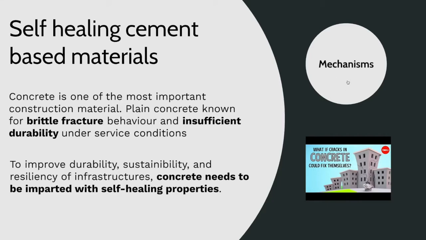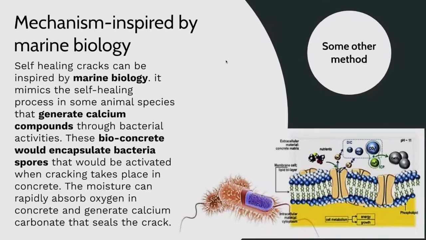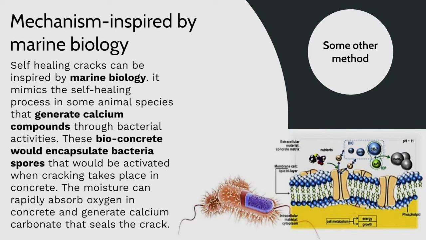So the mechanism on how the self-healing cement works. Okay. First, it can be inspired by some animals, like marine biology animals, any animals that have shells, right? They generate calcium compounds through bacterial activities.